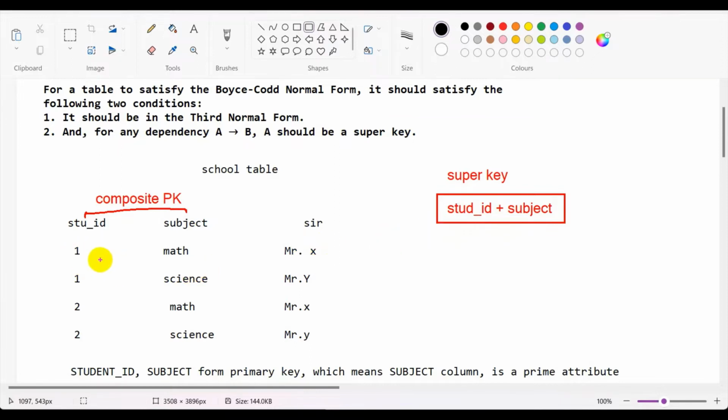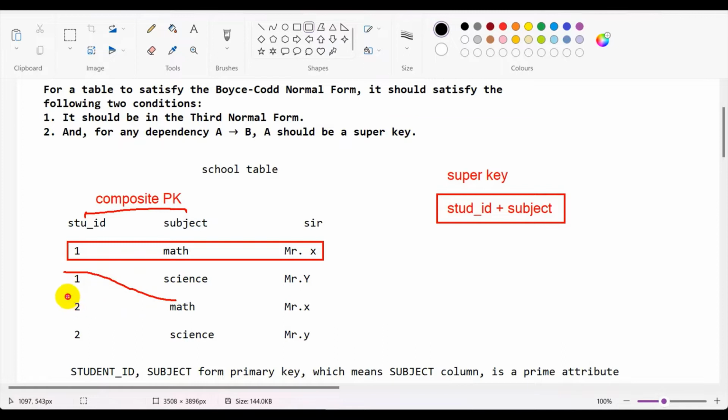If we give one and math, you can uniquely identify this row. If you give one and science, you can uniquely identify this row. Next, if we give two and math, then you can uniquely identify this. So it is called a super key.